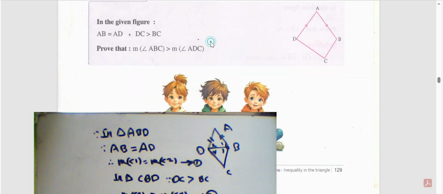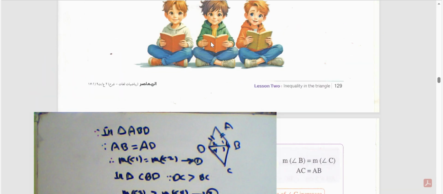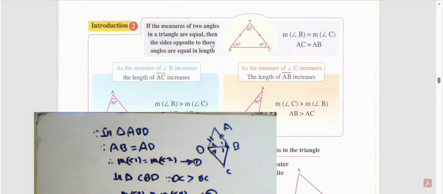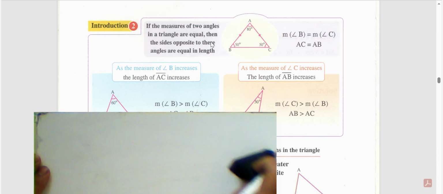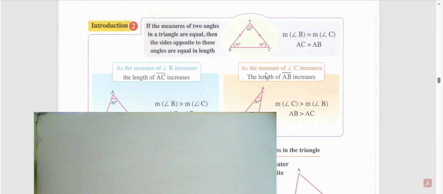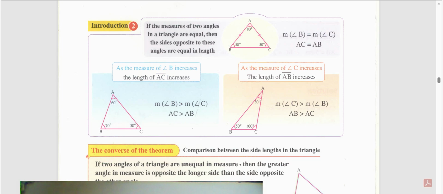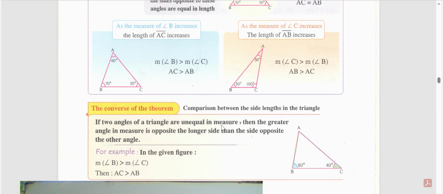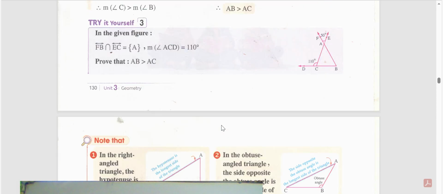This relation below is the answer. Next question. Okay, this repeated answer.